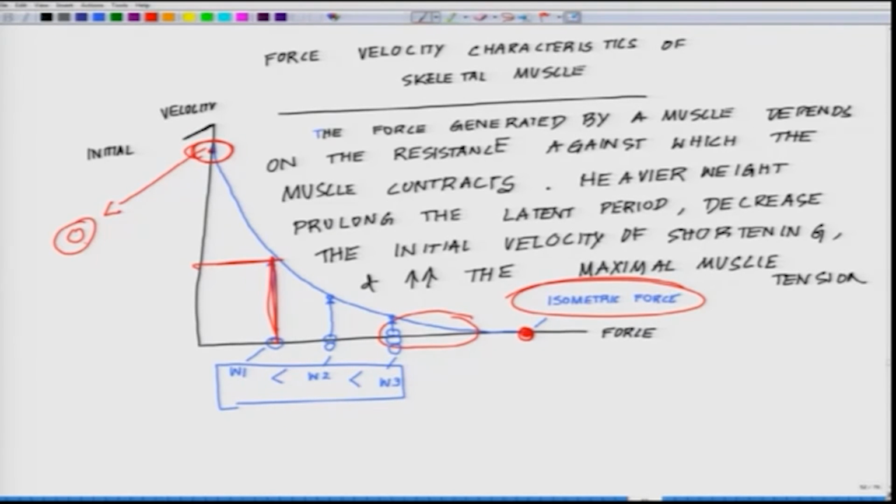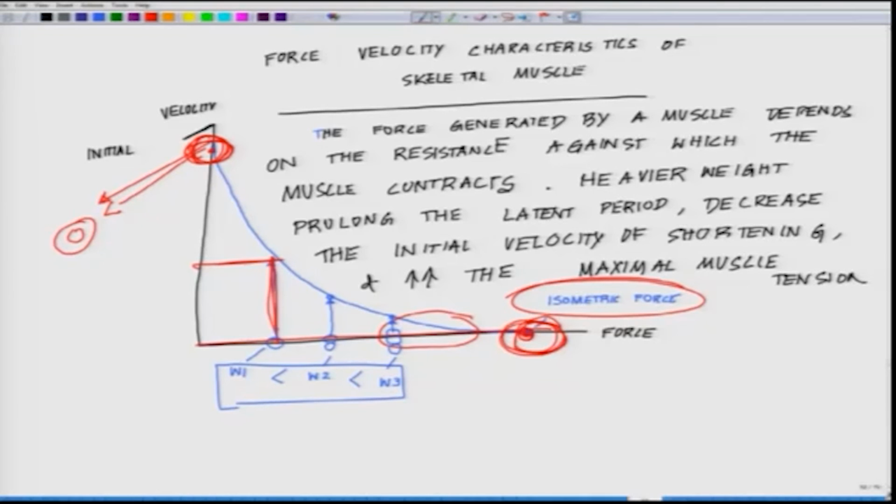There is no load, zero load, okay, this is 0. This is the maximal velocity, this is the least velocity where you have the maximum amount of force, and this is what is meant by the force velocity characteristics of the skeletal muscle. So, if you look here, you have hardly any force, you have the maximal velocity, you have the maximum force, you have the least amount of velocity. So, remember this is the basic situation.